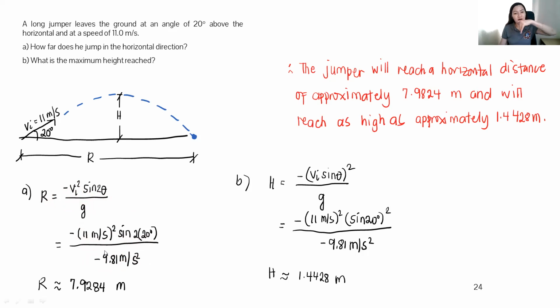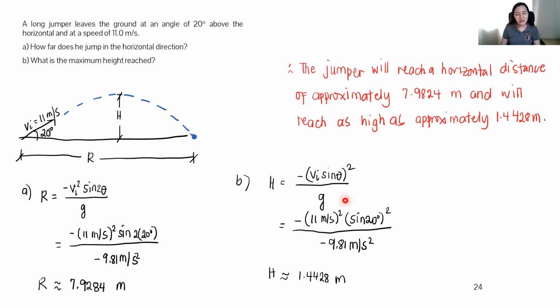It's always downward. So let's keep in mind na ang atong convention ani positive ang padung saka, negative ang padulong ubos. So negative 9.81 meters per second and we have an answer of approximately 7.9284 meters ang iyahang range.